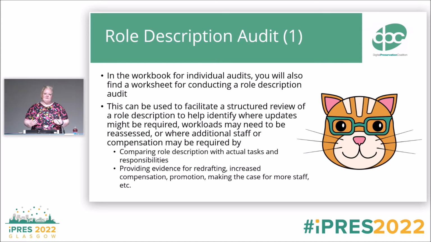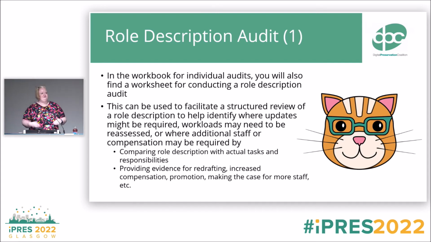It's an issue that we see a lot with people working in digital preservation, that they'll be moved from another role into digital preservation work, or that they're quite often asked to work well beyond what is actually included within their original role description, to do tasks and put in place processes and to do advocacy work and a whole bunch of other things that aren't necessarily encompassed within their original role description.